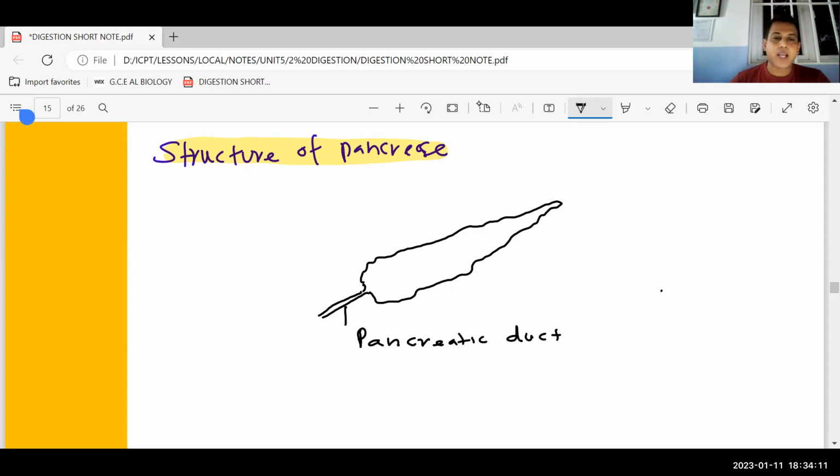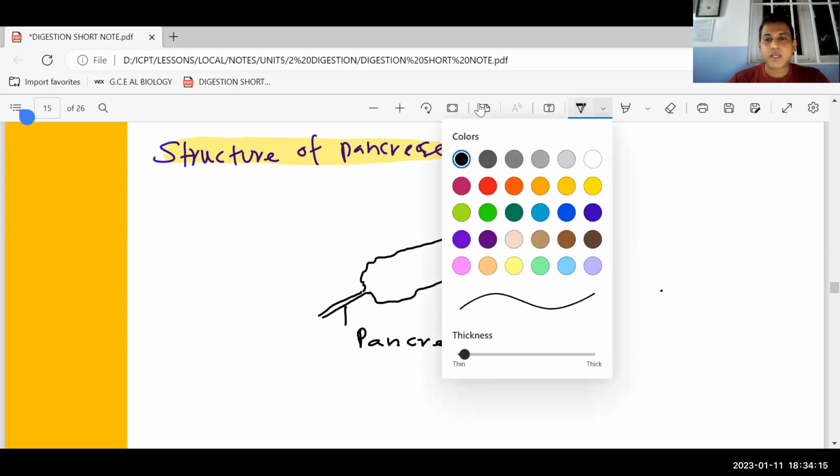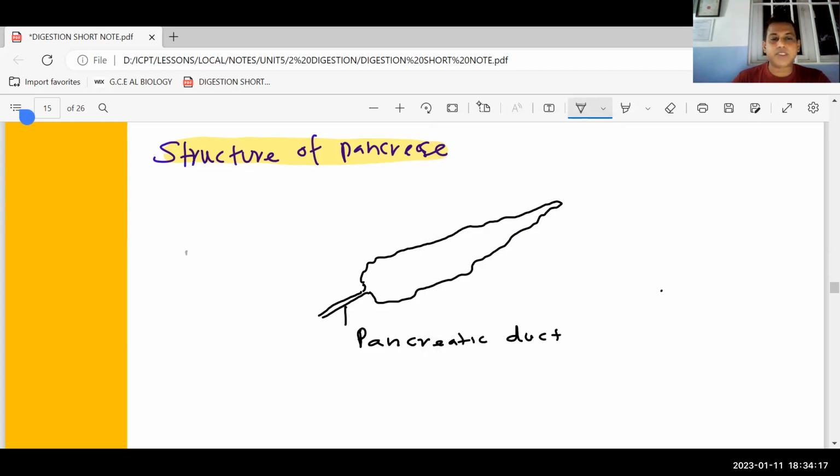and the pancreatic duct is also connected with a bile duct which is coming from the liver, and it's going like this. It's coming from the gallbladder and from the liver.